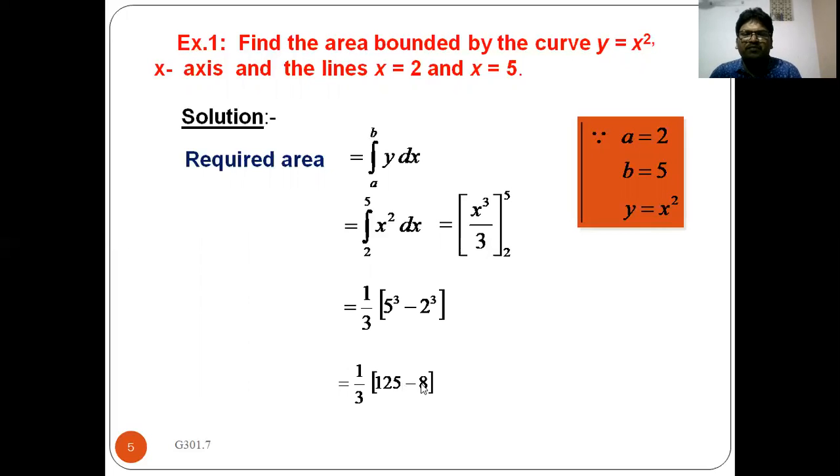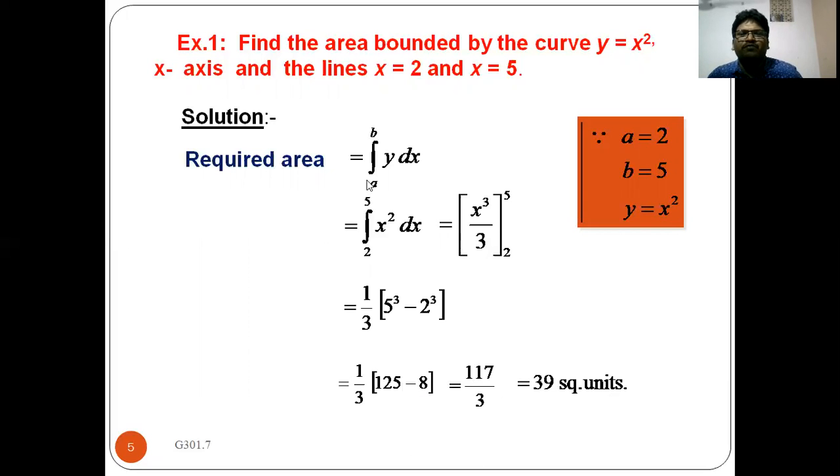So 125 minus 8, after simplification, we get 117 by 3. After division, we get 39 square units. Units are also required here.